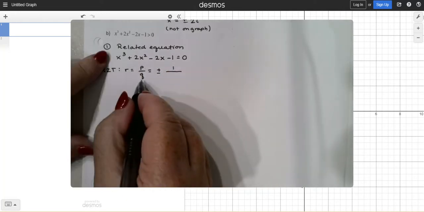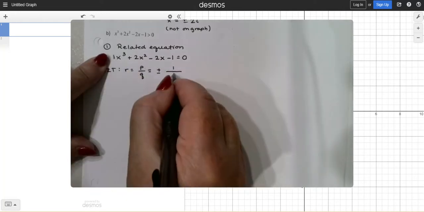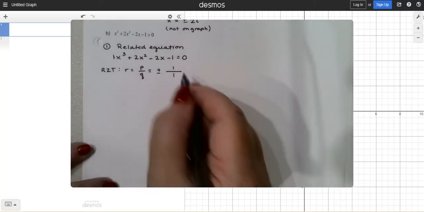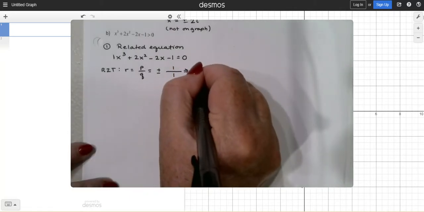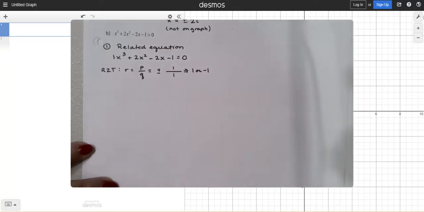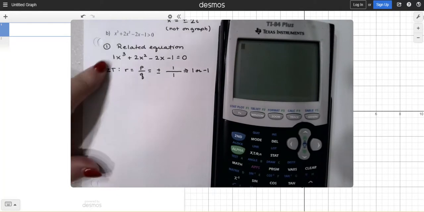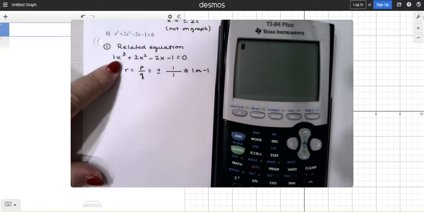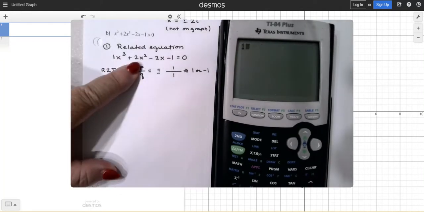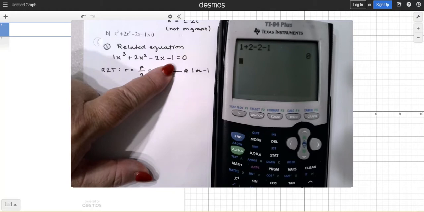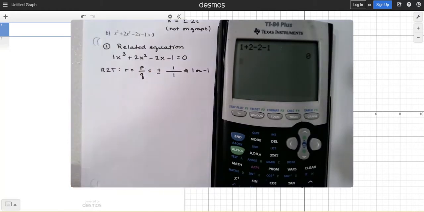And Q is the factor of the leading coefficient, also just 1. So not a lot of options here, either positive 1 or negative 1. Let's just quickly try this by hand. See if 1 works. That would give me 1 plus 2 minus 2 minus 1. And yes, that does give me 0.